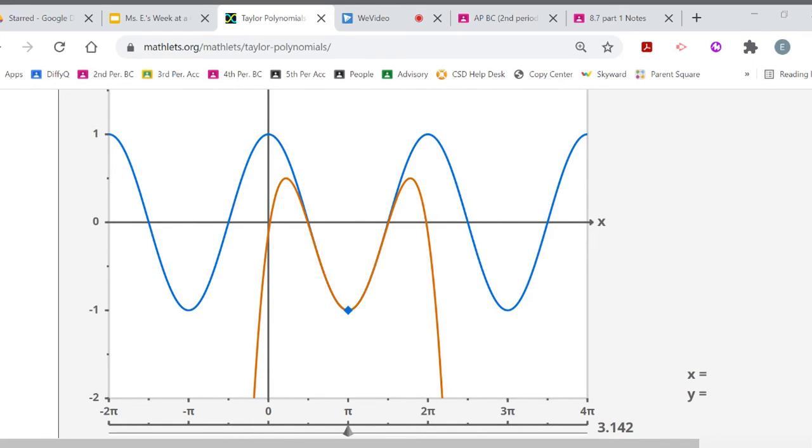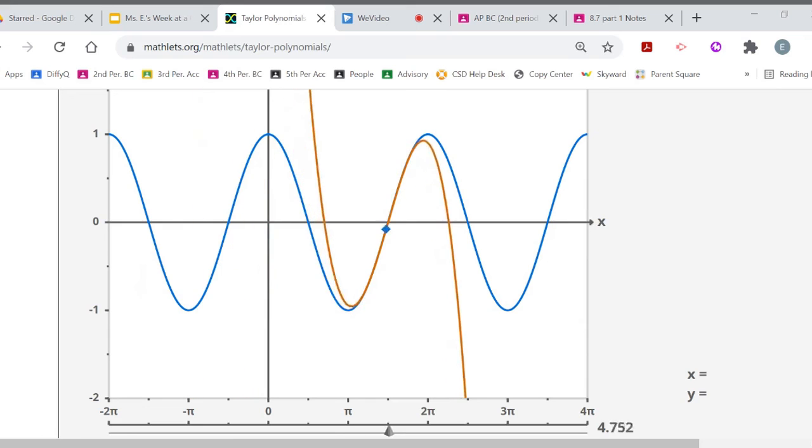Sometimes you can't center things at 0 because of domain restrictions. We'll show an example like that. And then sometimes let's say you wanted to plug in something that's not so close to 0. You wanted to plug in things that are closer to pi. Then you might choose to center it at pi instead, because it's more accurate around values that are close to 3.14.